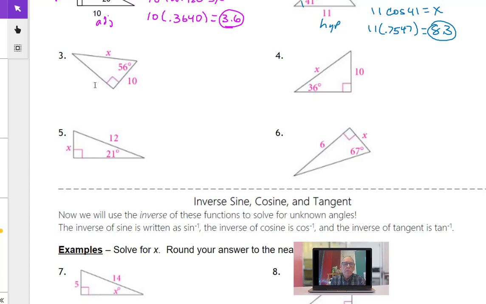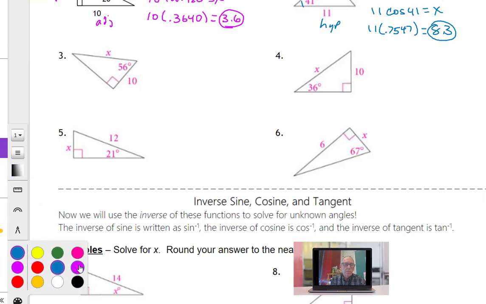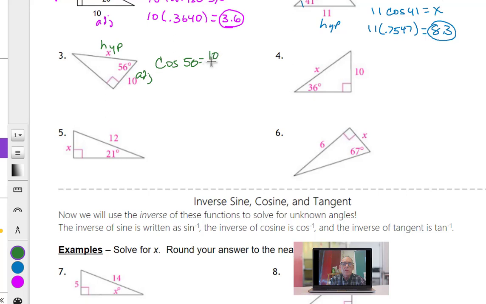Let's look at number 3. We have a hypotenuse, and we have an adjacent side. That's going to be cosine. Cosine 56 is equal to the adjacent, which is 10, over x.